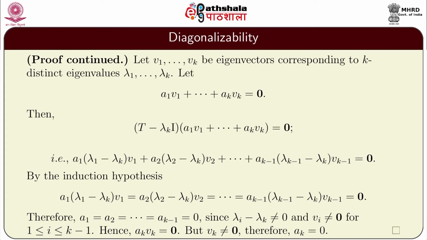Why? Because lambda 1, lambda 2 and etcetera up to lambda k are all distinct eigenvalues.